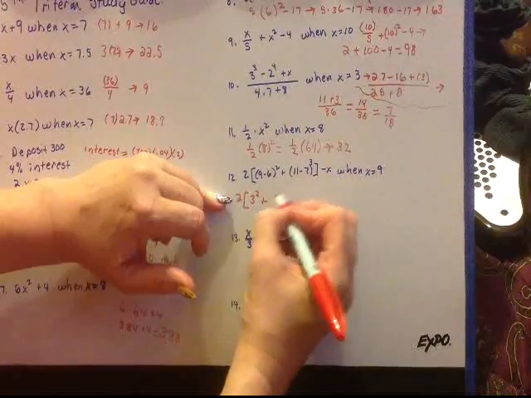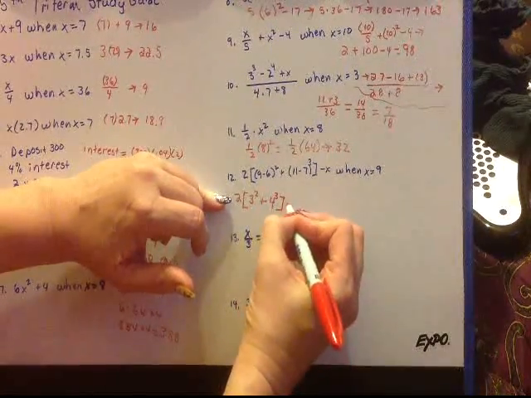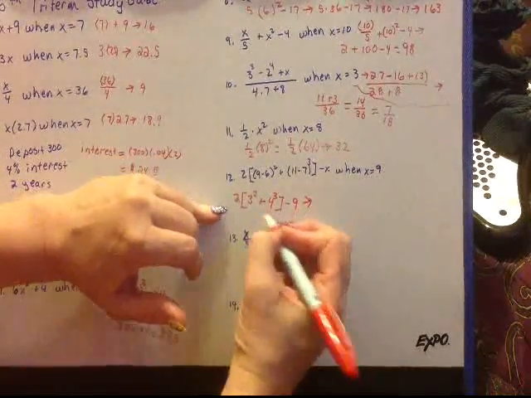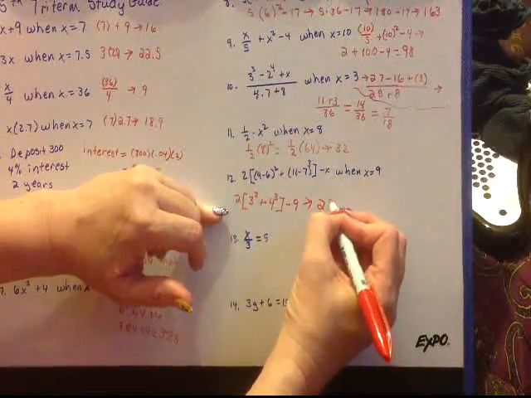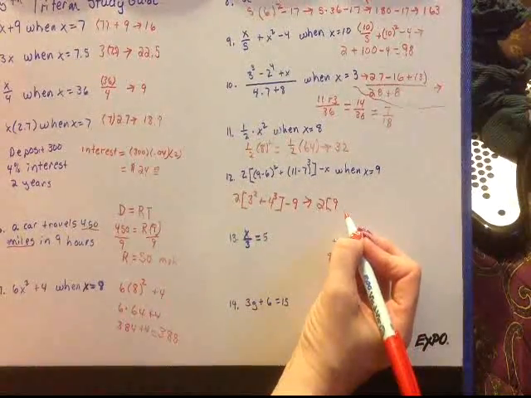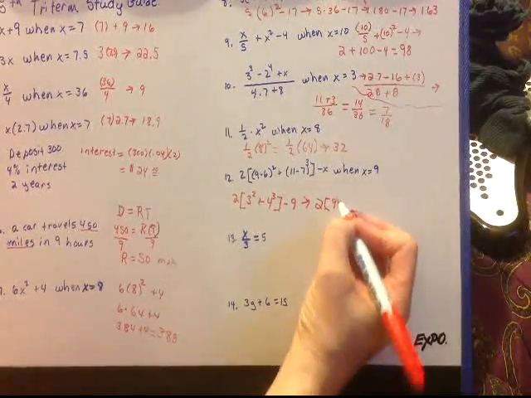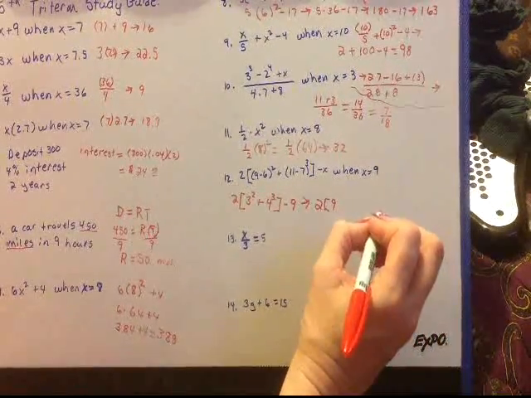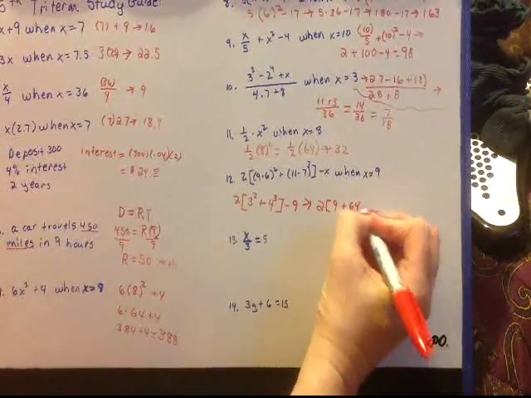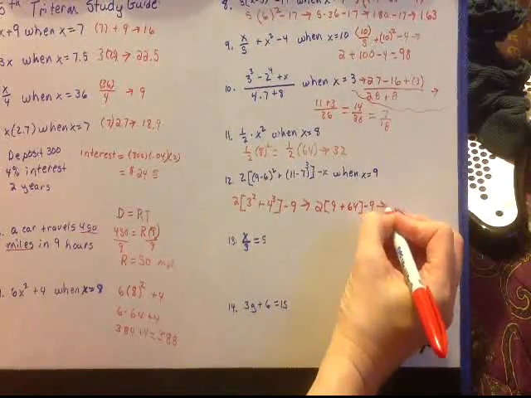Plus 11 minus 7 is 4 cubed minus 9. So 2 times 3 squared is 9, and 4 cubed is 64. 4 times 4 is 16 times 4 is 64. Minus 9.